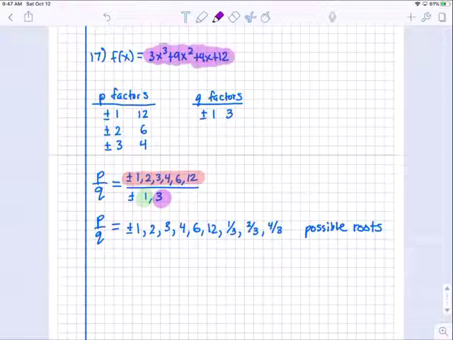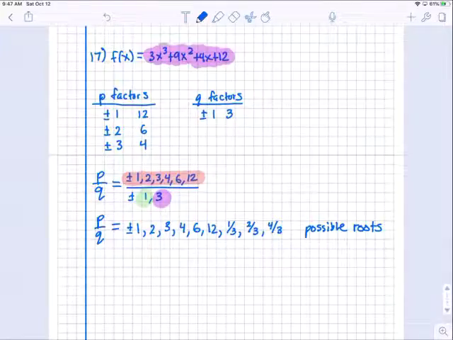So I noticed that we have 3x to the third plus 9x squared plus 4x plus 12. They're all positive, so I know that if I substitute 1 in for each x value, that whole equation is not going to equal 0.